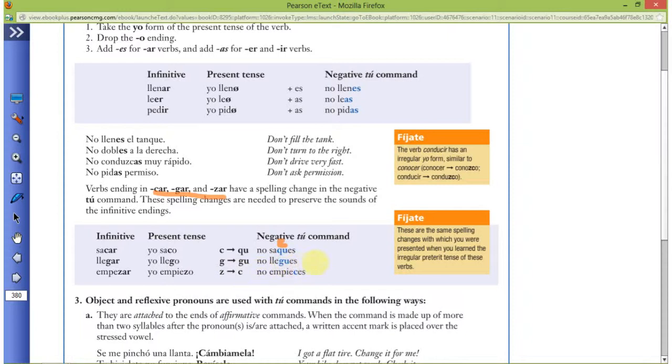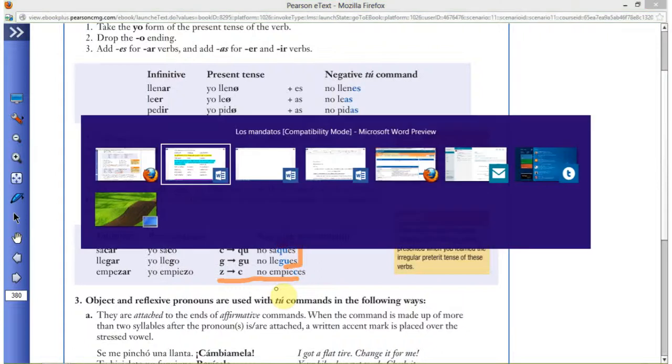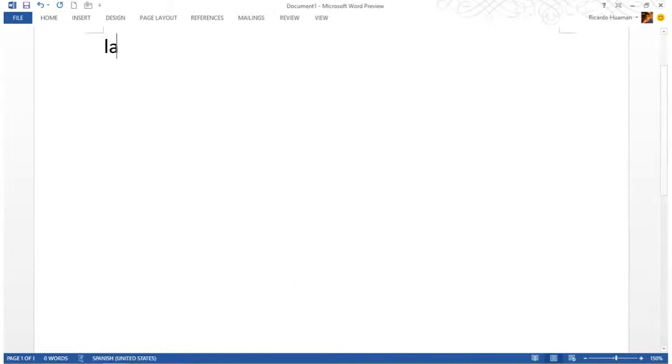So for these two, there's a question here of pronunciation. The pronunciation will change if you don't change these letters. For this one, this is like before when we had lápiz, you remember? We don't like to have something like this in Spanish. We don't like to write zes. We prefer to write ces.